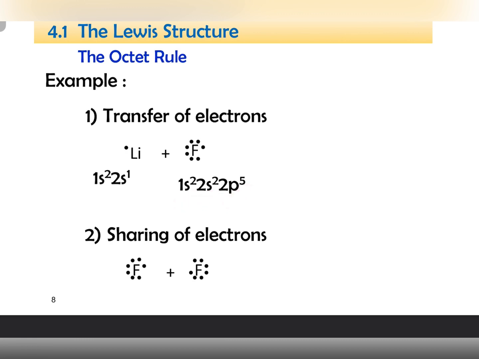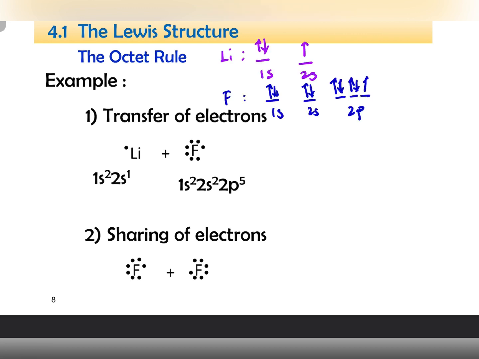Alright, so kalau kamu tulis dalam bentuk orbital diagram, untuk lithium, lithium dia akan donate this 1 electron kepada fluorine. Dia ada satu valence electron kan.